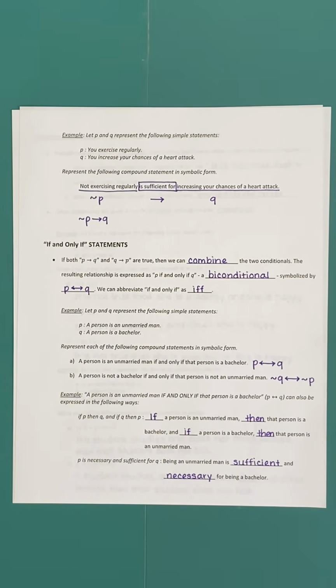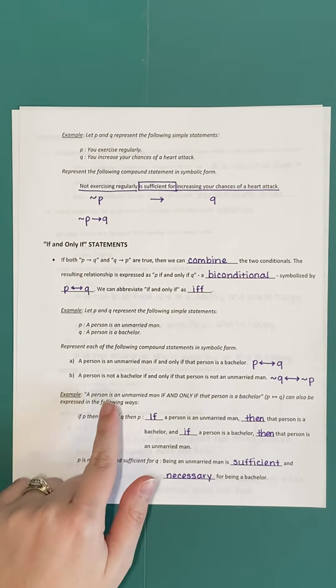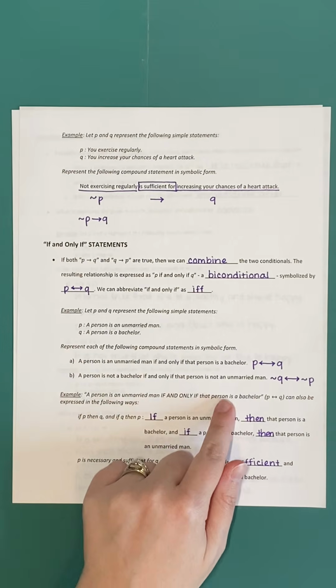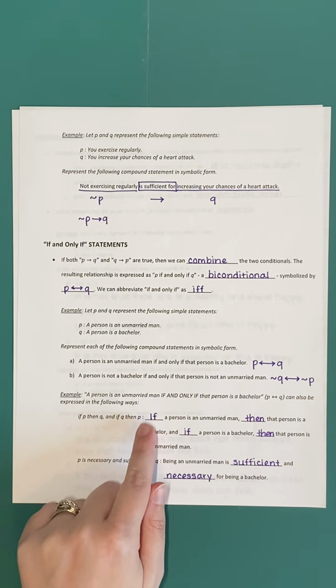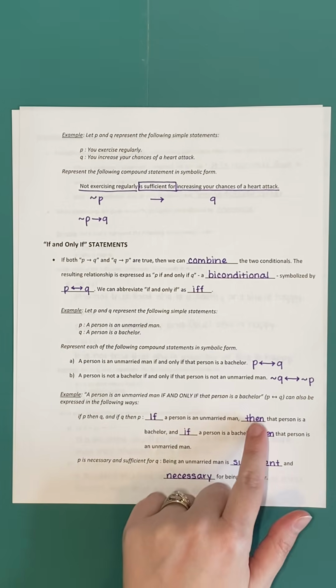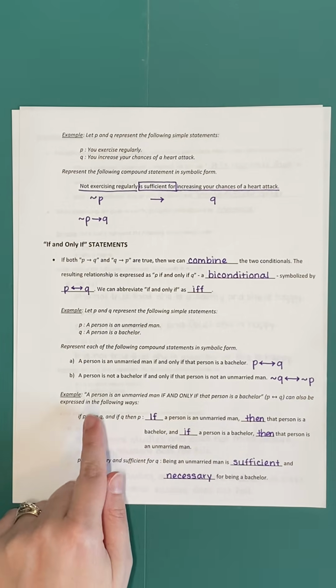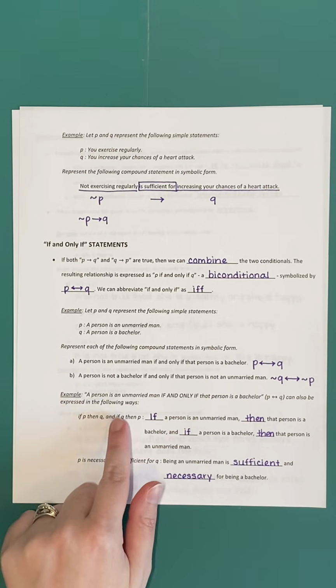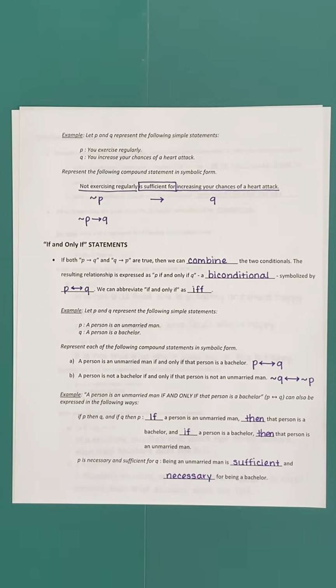So essentially what this particular structure is doing is breaking down the biconditional into the two separate conditional statements that make it up. One implies the other and vice versa. So in terms of these statements, a person is an unmarried man, a person is a bachelor. That's going to be: if a person is an unmarried man, if P, then that person is a bachelor, then Q. And, in other words, conjunction, we've seen that before, right?